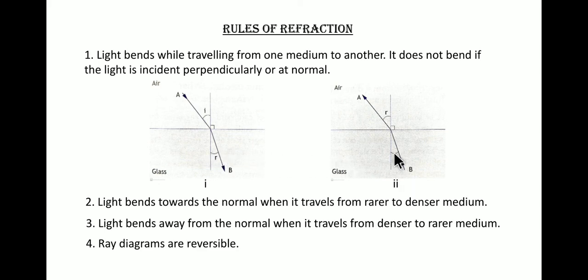Similarly over here we have the angle of incidence, because this is the incident ray. The light which enters and strikes the surface first is called the incident ray. And once the light gets refracted, once the light bends away, those are called the refracted rays. So over here this is the angle of refraction.